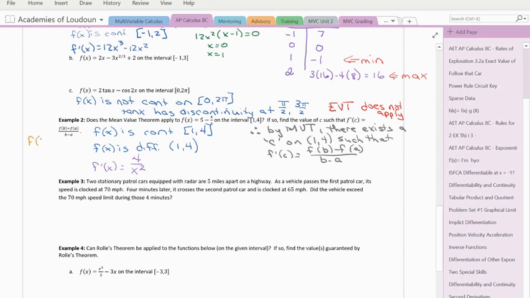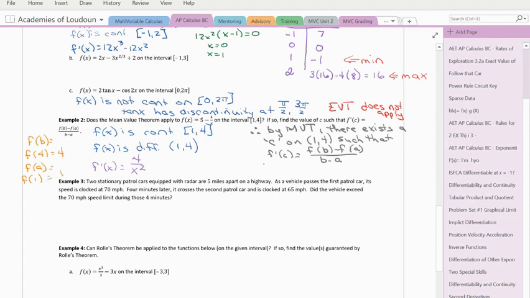So now we need to find what f of b and f of a are. f of b is going to be f of 4. So we have 5 minus 1, so that equals 4. We need f of a, which is f of 1, and that becomes 5 minus 4, so that equals 1.